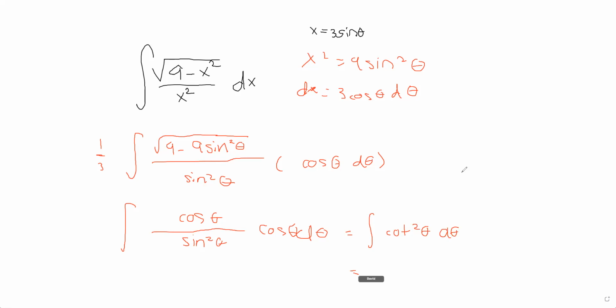Excellent. So this one, we can't integrate directly. You're going to need to rewrite this using one of the trig identities and then integrate what you get as the result.